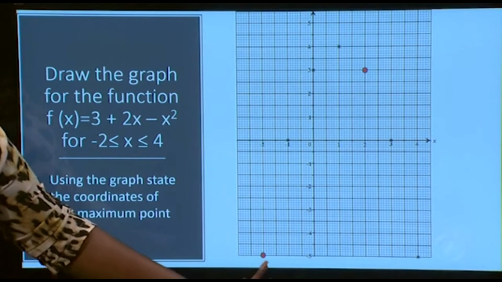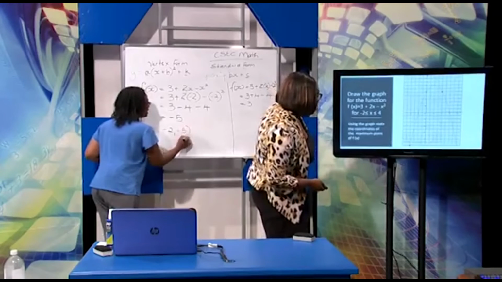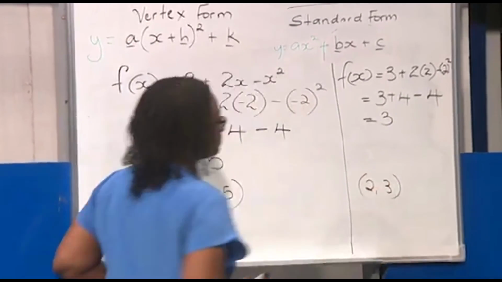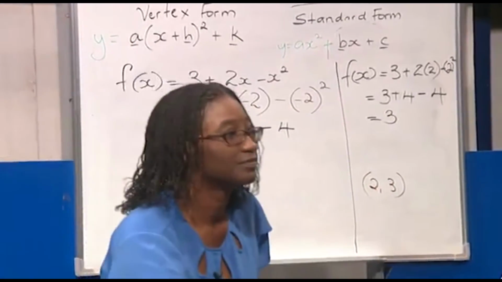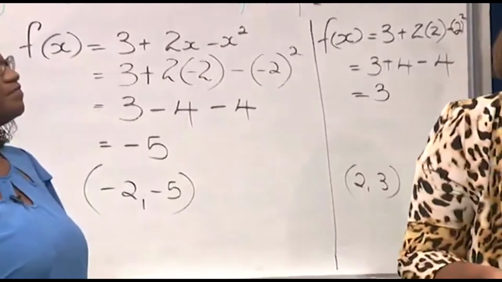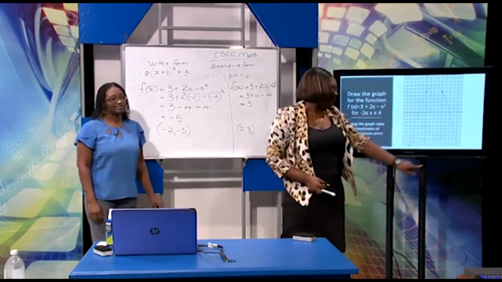So our 2 points are now in: -2, -5 and +2, 3. So as was stated before, our graph is a very sad graph.